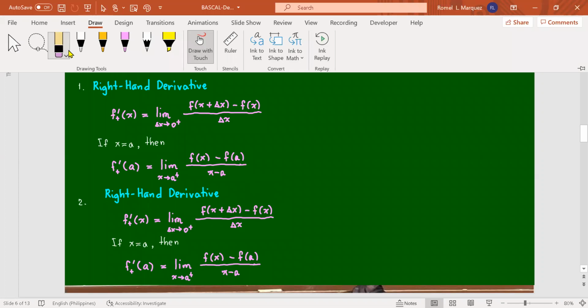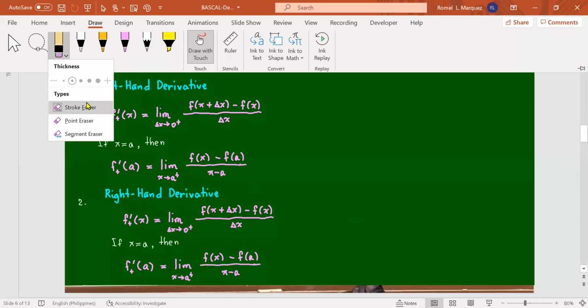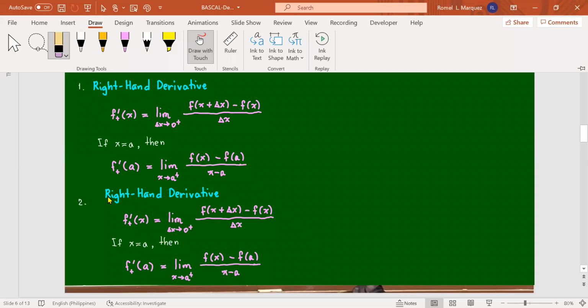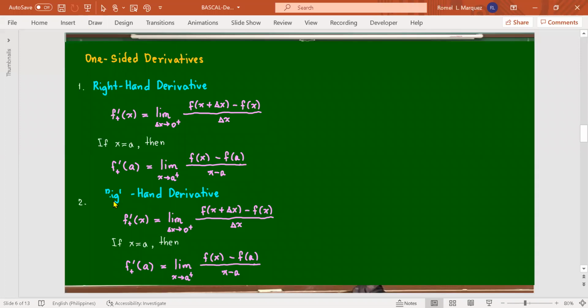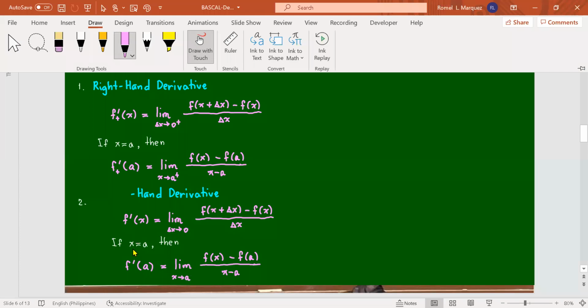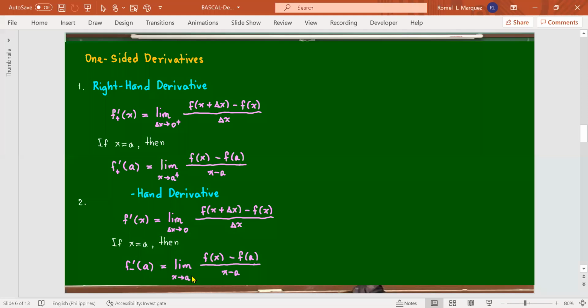Okay? So ano yung papalitan natin guys? Yung word na right, no? Ano pa? Tsaka yung mga plus, change to minus. Okay na guys? Yan, minus here. So check nyo baka meron akong hindi napaltan. Ito, right na.